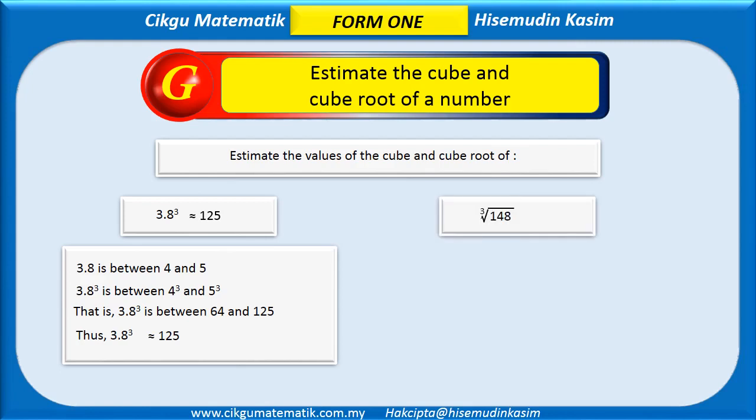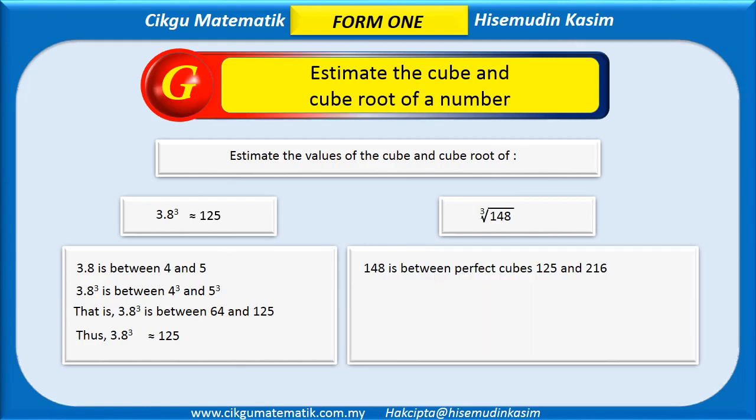The cube root of 148. 148 is between perfect cubes 125 and 216. Cube root of 148 is between cube root of 125 and cube root of 216.